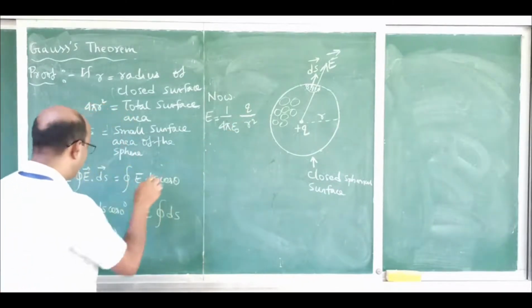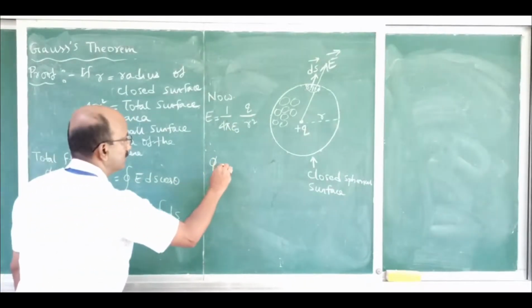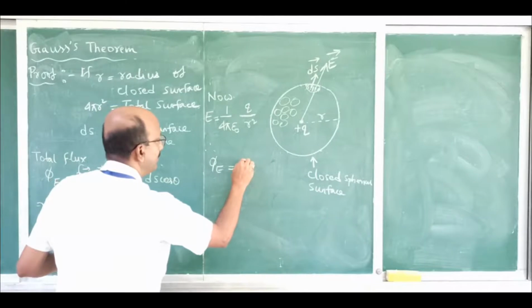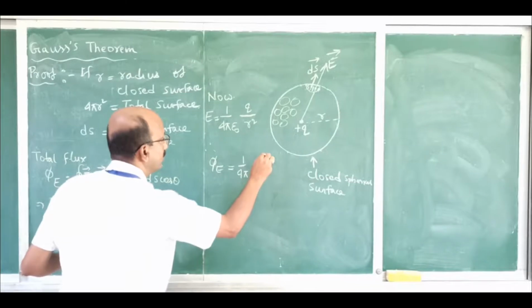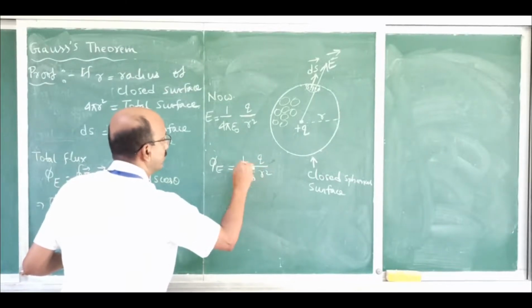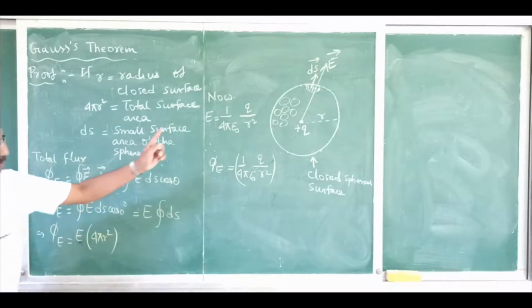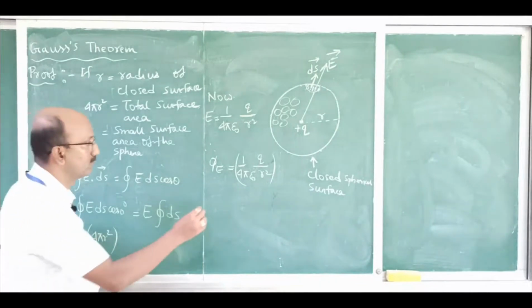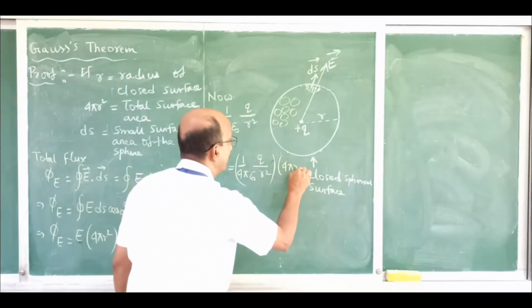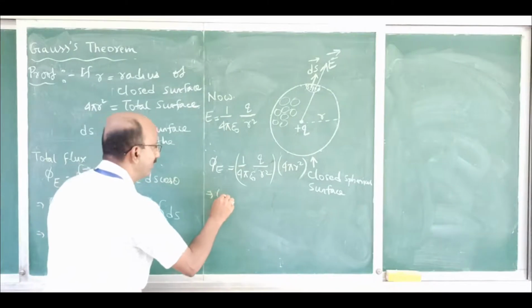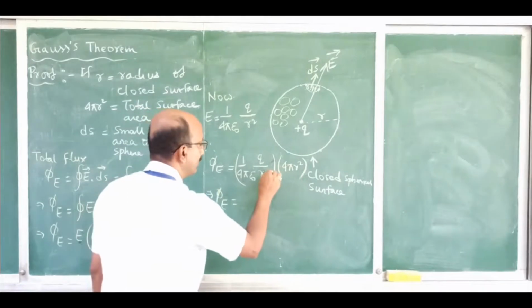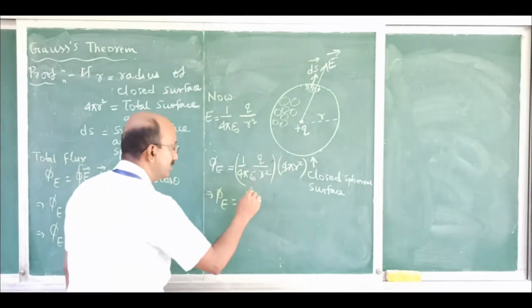Therefore, if you put all these values here, what do you get? Flux associated, it was E. E means 1 by 4 pi epsilon naught q by r square. I have just substituted this value of electric field here. Then into 4 pi r square. So if you cancel out the terms, 4 pi cancels, r square cancels. So what remains?